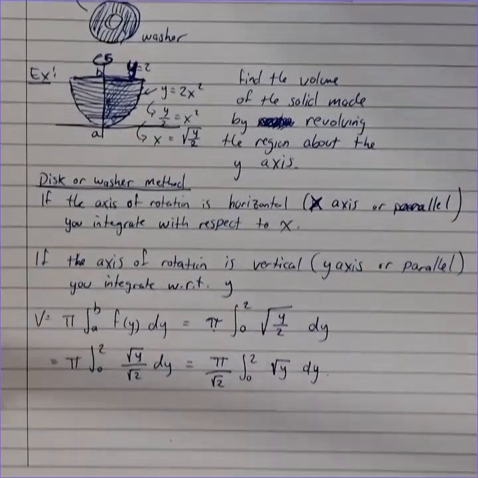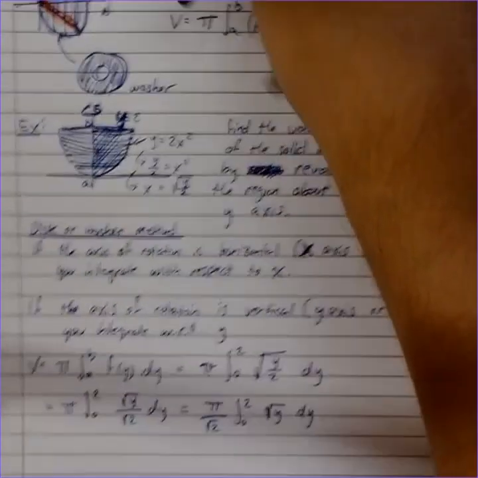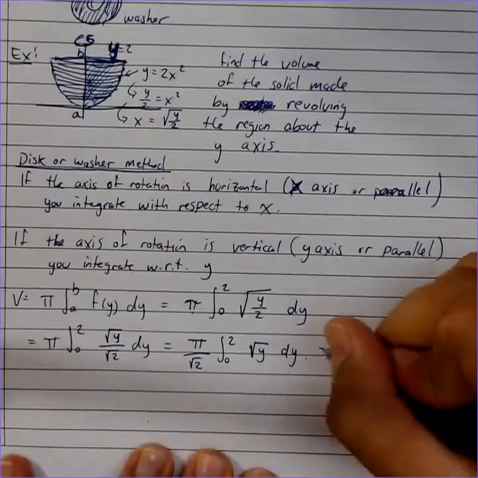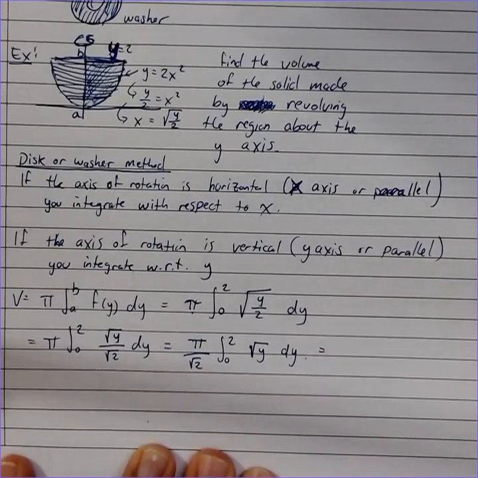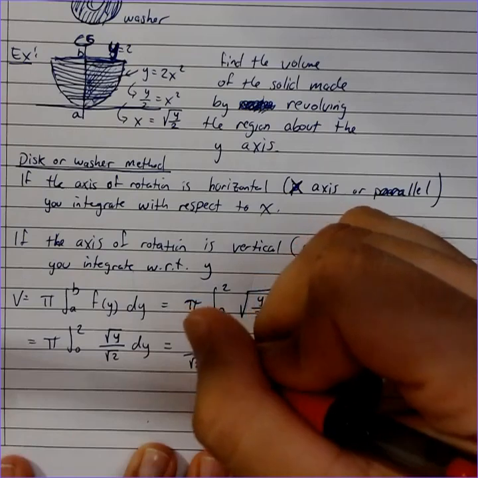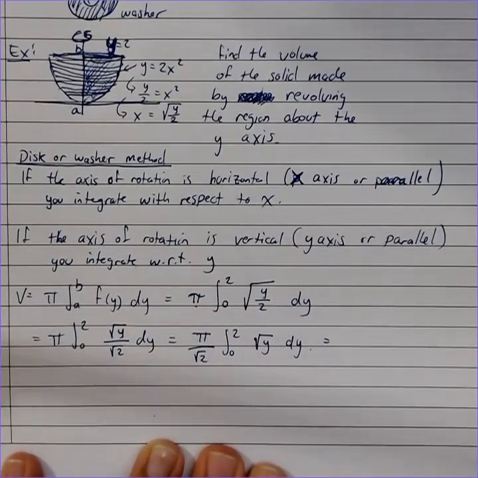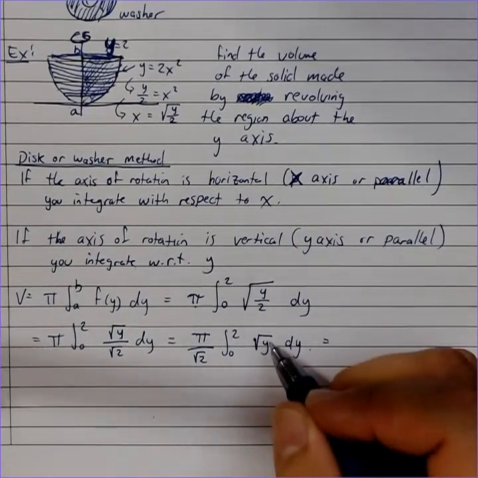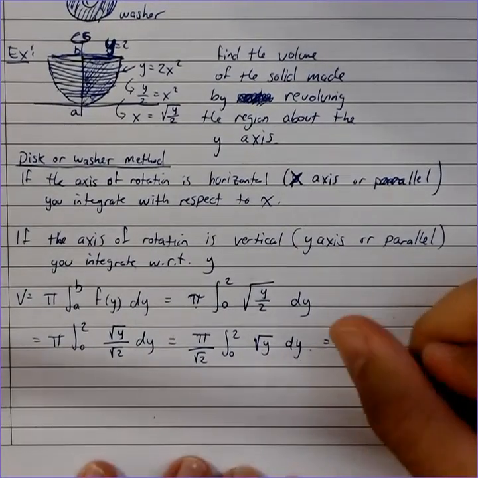You can think of y as being to the 1/2 power. That's the same thing as saying square root. I'll rationalize the denominator at the end because I may still have some other stuff to do. So here I'm going to take this square root of y and write it as y to the 1/2 power.